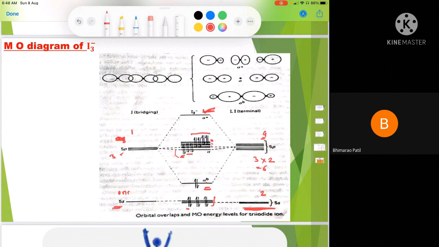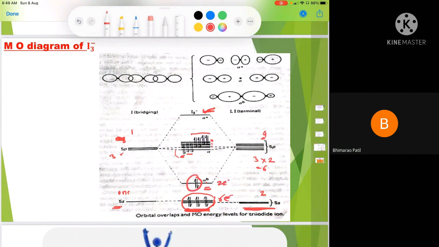Then how many electrons are present? The valence electrons present in the triiodide ion are 22. If you fill up the electrons according to the above principle in the molecular orbitals, then the lowest energy molecular orbitals fill up first. Each molecular orbital contains 2 electrons, therefore 6 electrons are here. Then 2 electrons are here.